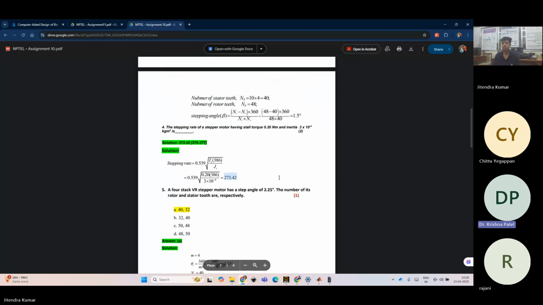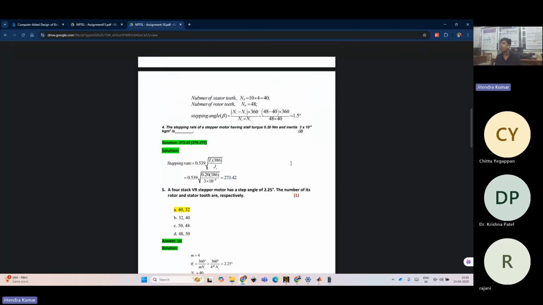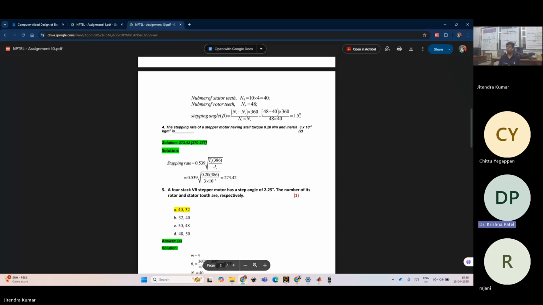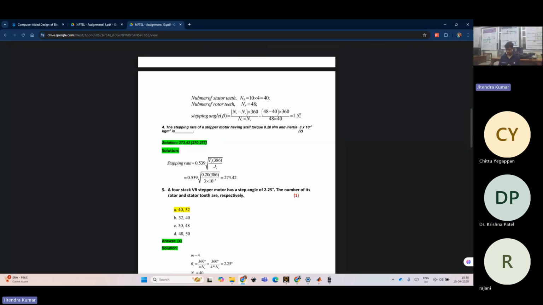Question 4, inertia: they took the wrong value in question 4. 0.539.